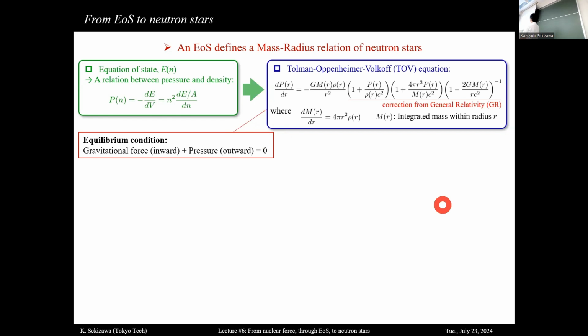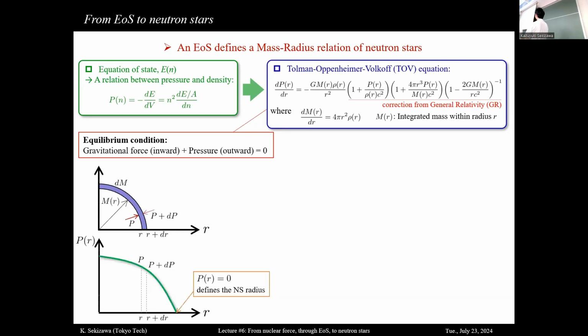Actually, this equation is just a differential equation. We can solve it easily numerically. By putting some initial condition, let's say the pressure or density at the center of the neutron star, we can solve this equation step by step outward from the center of the neutron star towards the outside.